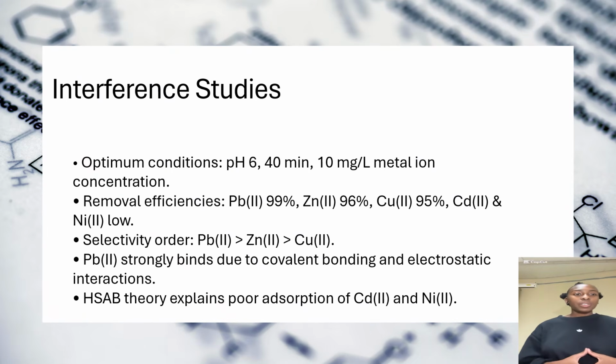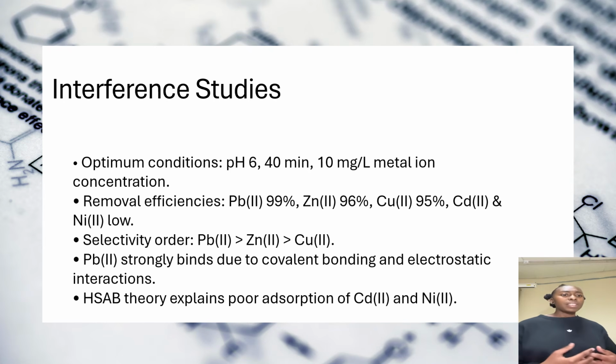The interference study was carried out at a pH of 6 with a 40-minute contact time and a metal ion concentration of 10 milligrams per liter. Under these conditions, the hyperbranched polyethylenimine HPEI, multi-walled carbon nanotube MWCNT, and the PSF polysulfone 0.5% membrane showed very strong selectivity for lead ions.